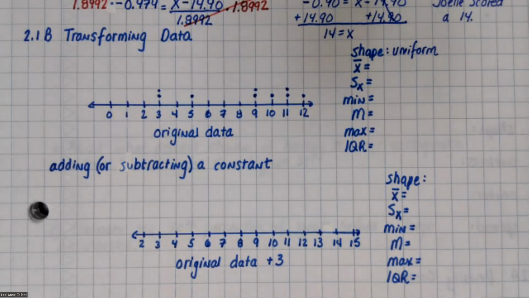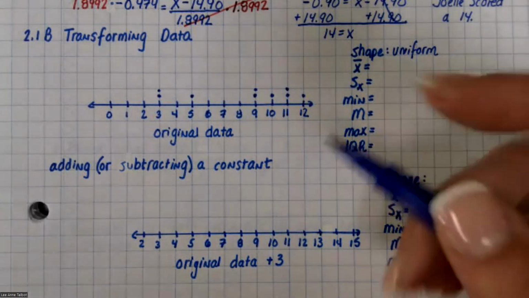This is a great time to review this concept from chapter 1, making sure that you know how to enter data into L1 and run one variable stats and find all of these things. Did you guys get a mean of 8.1111111? Okay, just checking to make sure I typed them in correctly.